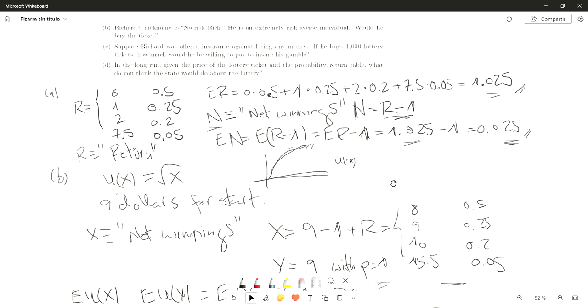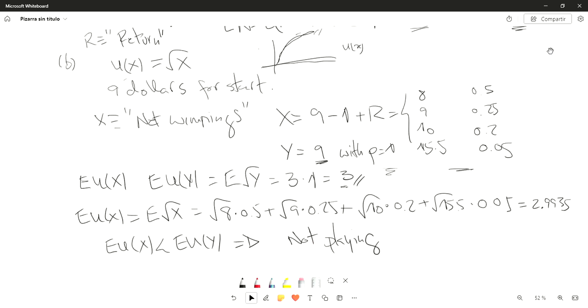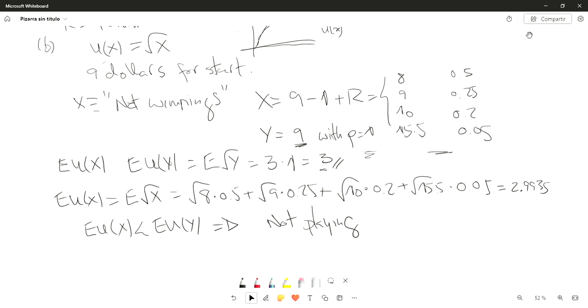If Rick buys 100 tickets, the expected return would be 100 times 1.025, which is 102.5.